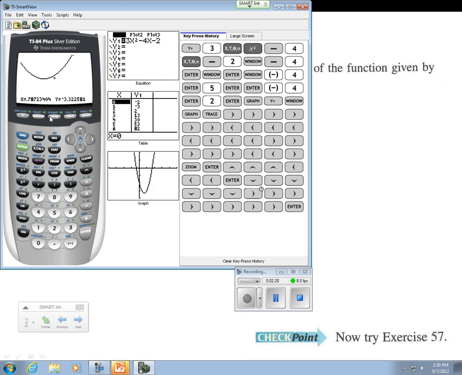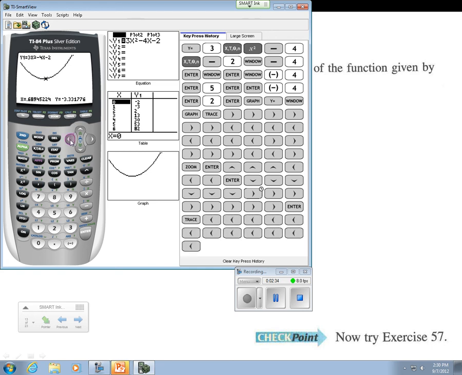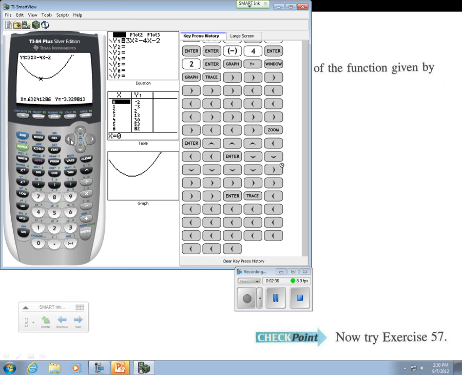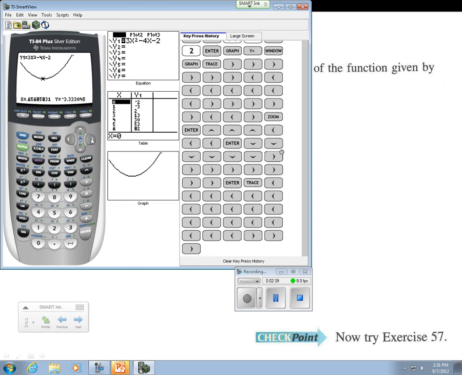Now we're zoomed in quite a bit closer when we hit trace here and find the minimum point. Looks like that is, and so now we're getting a lot closer, negative 3.33333. I'm willing to bet that if we zoomed in even more, we would get negative 3.33 repeating forever.